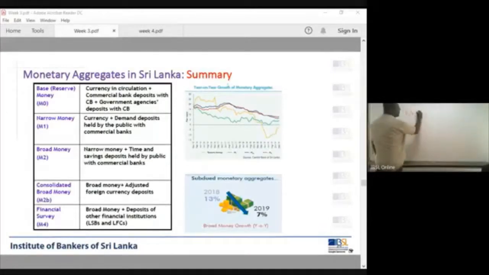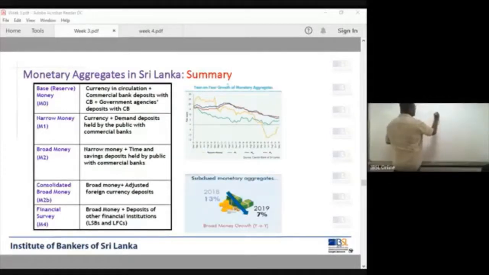First component is CIC. What is CIC? Currency in circulation. Remember, currency in circulation has two components. What are these two components?